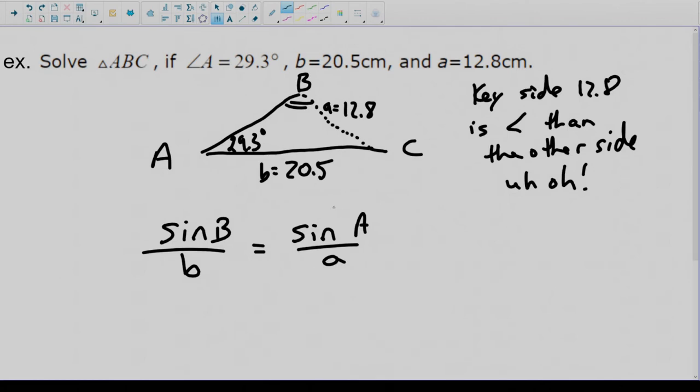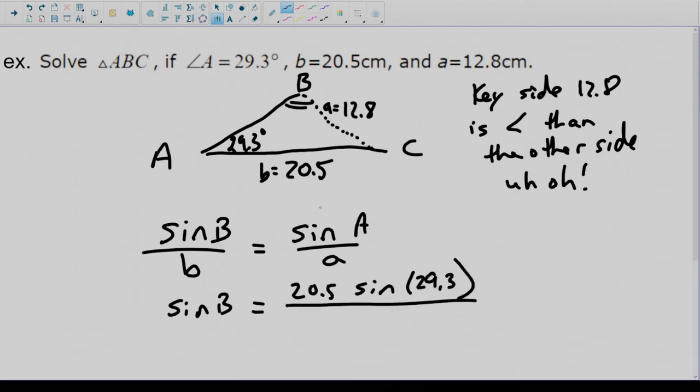My key always is the fraction on this side. So then we would do sine B, and let's start putting the numbers in as we isolate. So little b comes up here and multiplies sine A. So it's going to be 20.5 sine big A, which is 29.3, all divided by A side, which is 12.8.